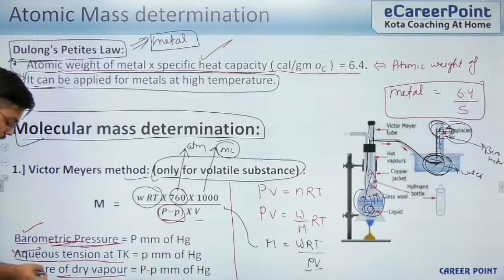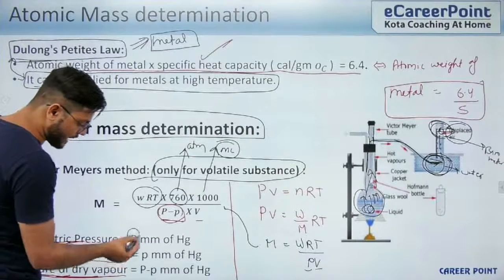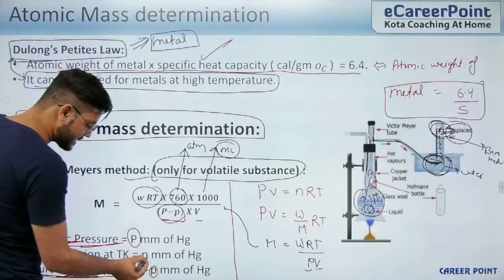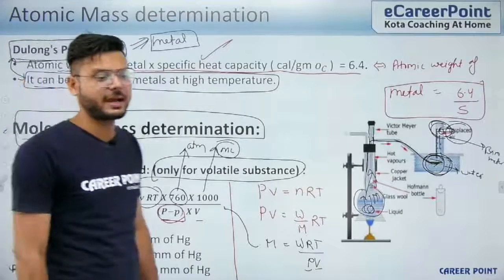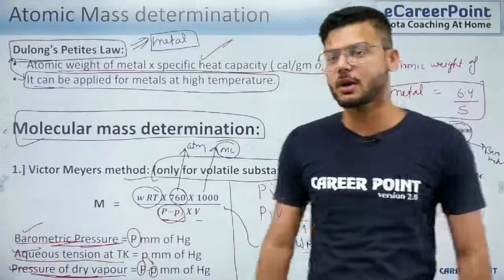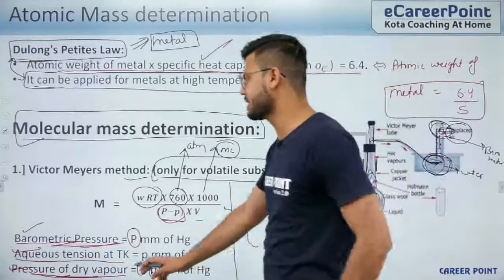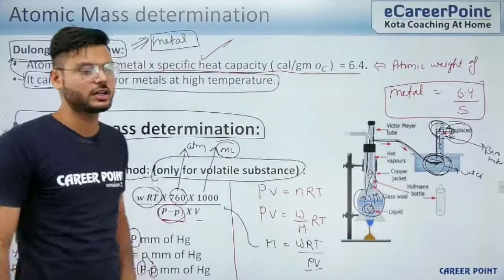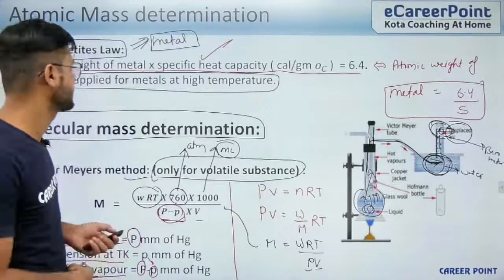Now if you want to calculate the pressure of the dry vapor, what do we need to do? Total minus the aqueous tension is small p, and we will get the pressure of the dry vapor.